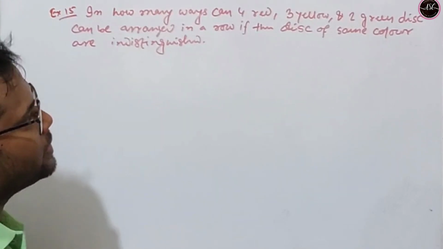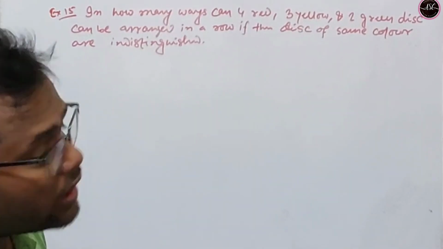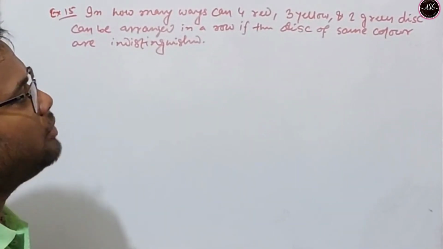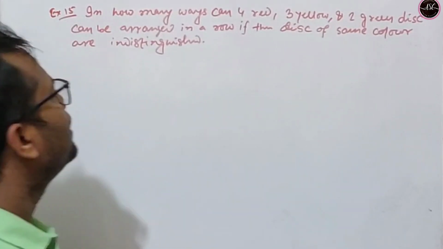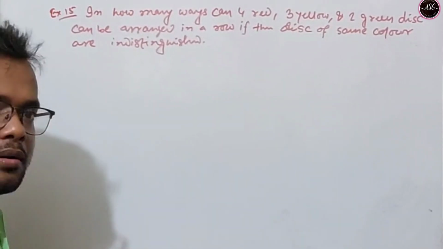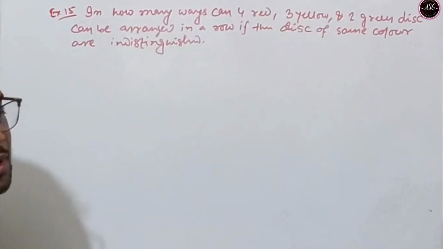Okay, and look at this example. In how many ways can 4 red, 3 yellow, and 2 green discs be arranged in a row if the discs of same color are indistinguishable? Here total number of red color discs is 4.